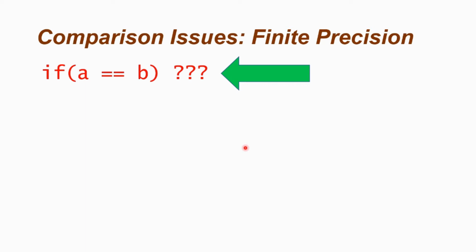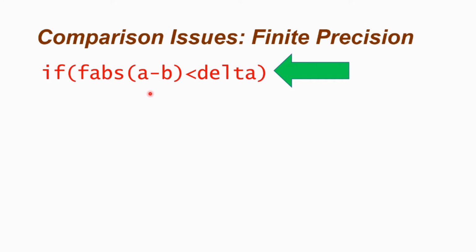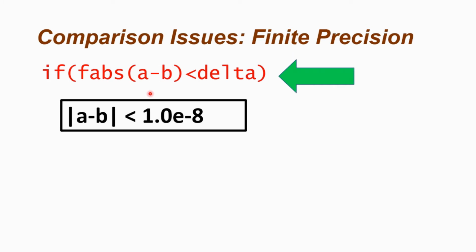Even comparisons, A and B, when we try to compare, it's very difficult and very improbable they'll be equal. So we should not really compare for equality between two floating point values. What is a better way? We should compare whether they are close enough. That means the absolute value of A minus B is less than some given small value, maybe 1.0 E minus 8, that is 10 to the power minus 8, or 10 to the power minus 6, depending on the accuracy.